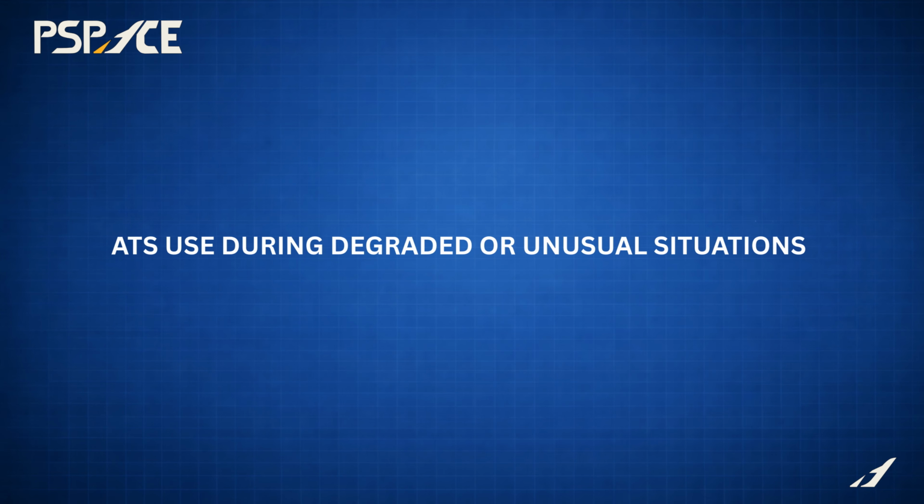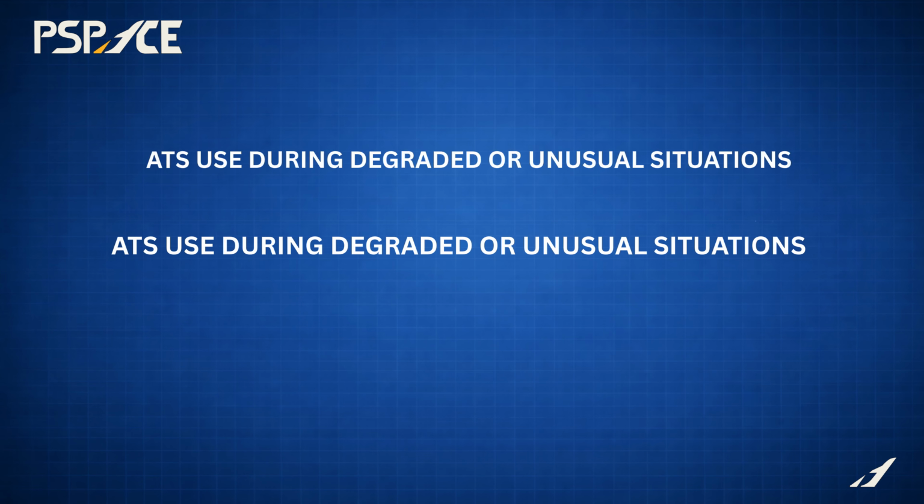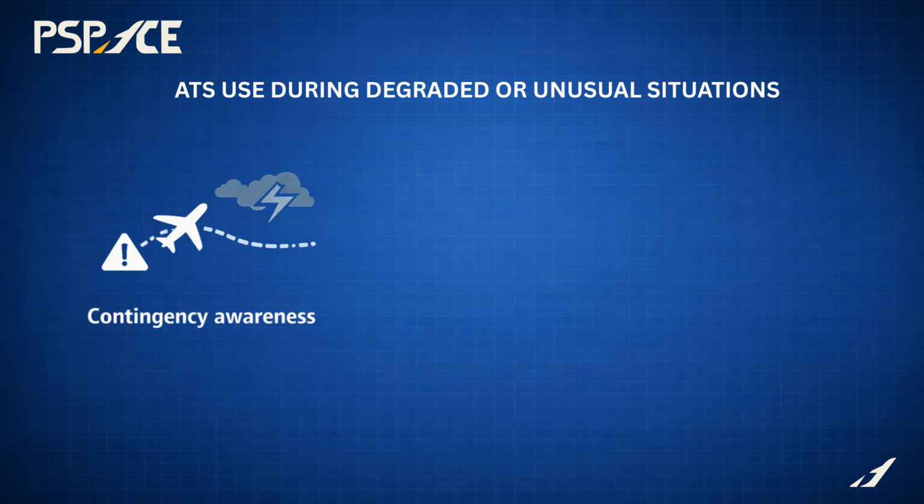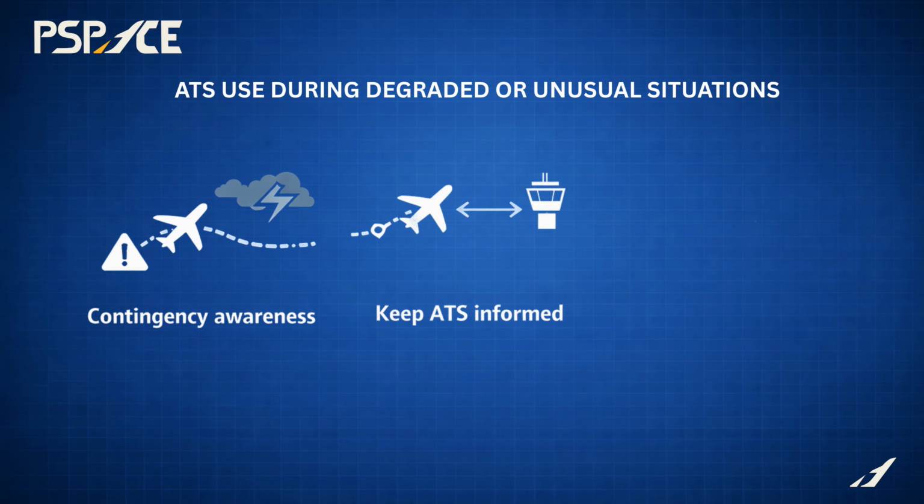The lesson material also supports a broader operational point. ATS discipline becomes even more important when the flight is no longer entirely routine. Communication difficulties, unexpected operational changes, deviation from the planned path, or any situation in which the aircraft's behavior may no longer match the filed or cleared picture all increase the value of prompt ATS coordination.